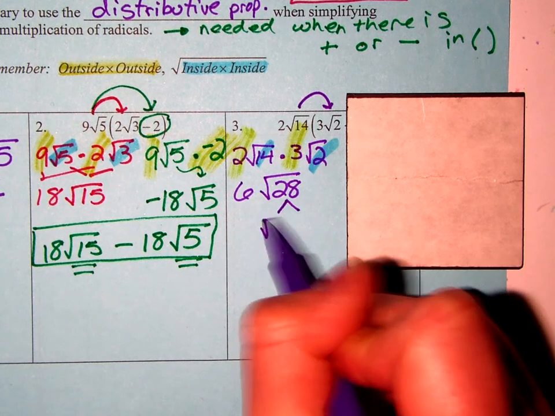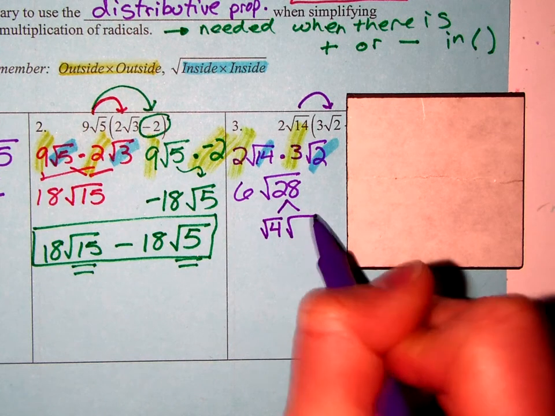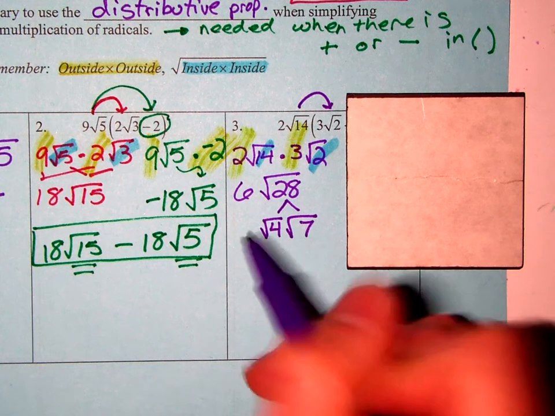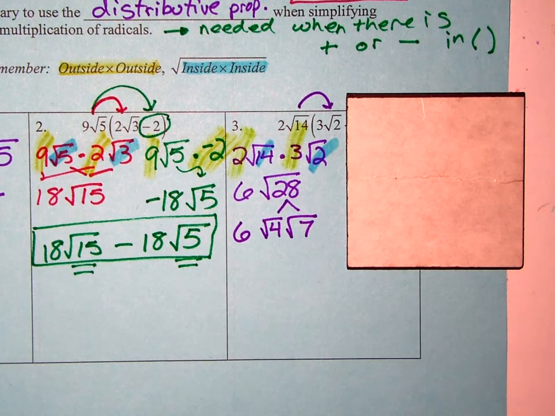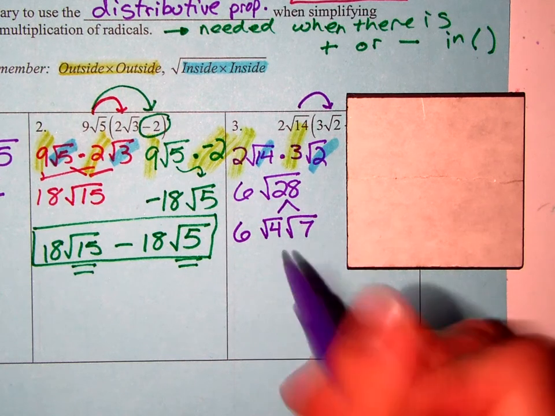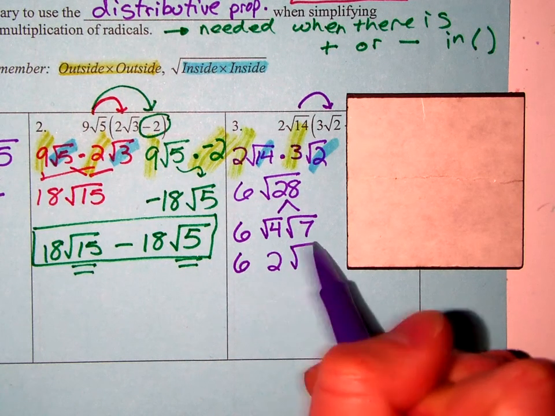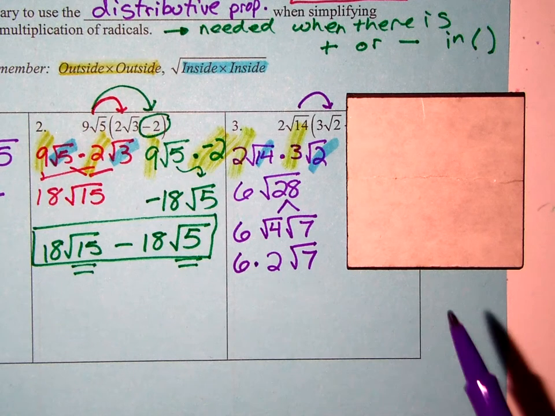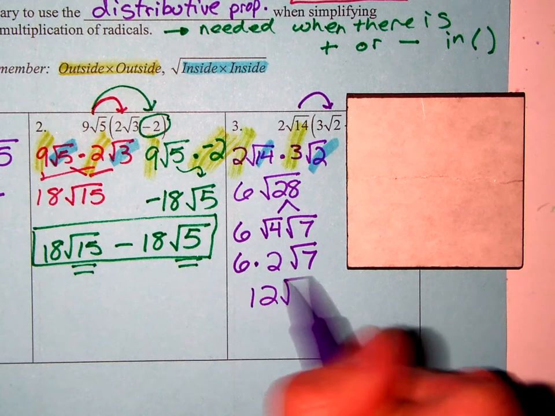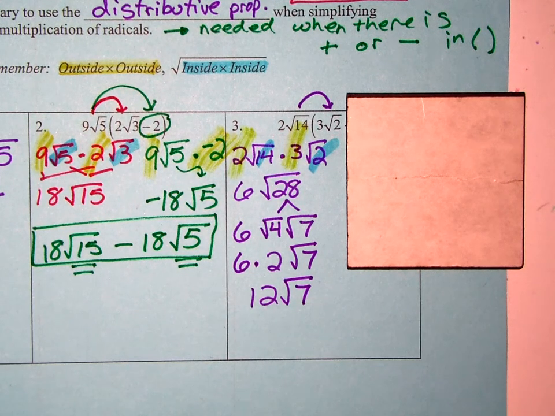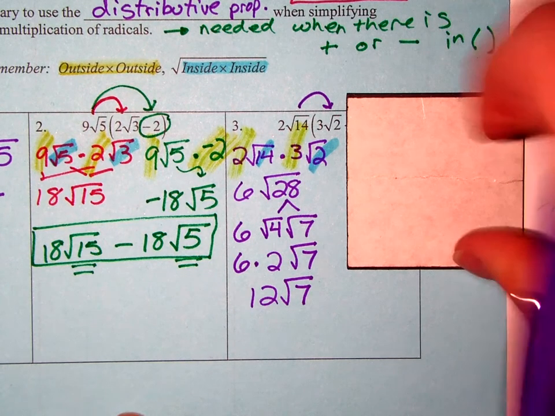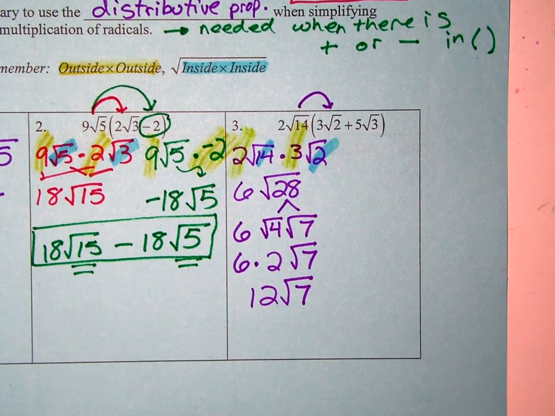So 4 is the largest perfect square that goes into 28, and it goes into it 7 times. And I still have my 6 out front. So now I can go ahead and take the square root of 4, which is 2, and bring down my 6 and my 7, and 6 times 2 is going to be 12 square root of 7. Now I'm done with the first part of this, and I need to move on to the second piece.